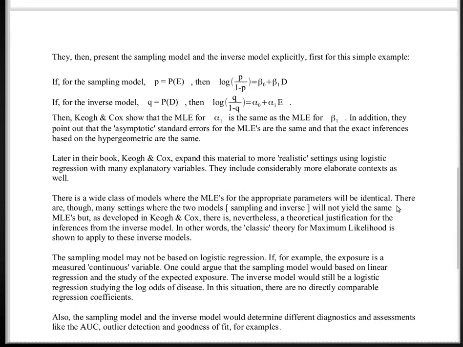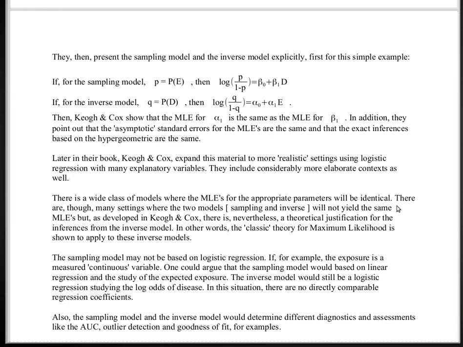Later in their book, they look at more elaborate models, of course. Then it can be pointed out that there's a wide class of models where the maximum likelihood estimates from the sampling model and the inverse model will be the same. But, unfortunately, there will also be many settings where the two models do not yield the same maximum likelihood estimates.